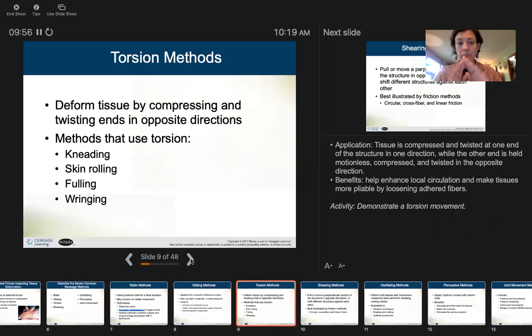Then there's torsion. That's your twisting. So when we're kneading, petrissage, that's going to be torsion, the skin rolling. The fulling, which is spreading the skin open, which we like to do on the hands or up and down the arms and sometimes legs. The wringing, it's more of the kneading stuff, are your torsion methods.